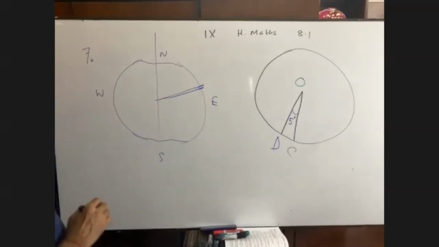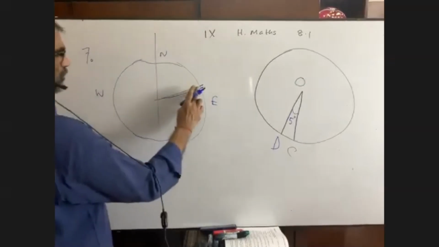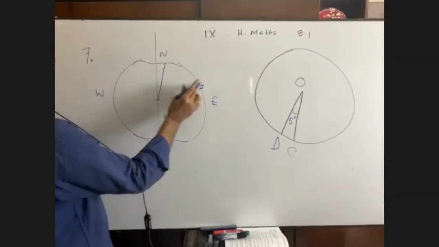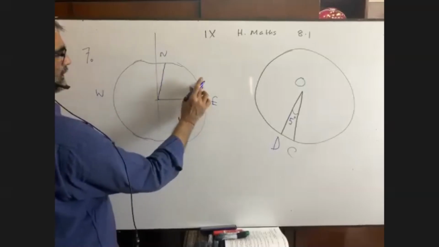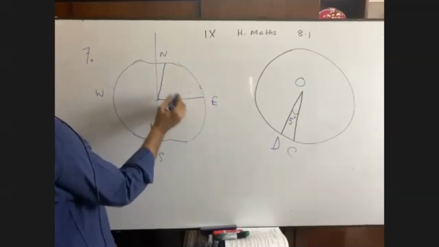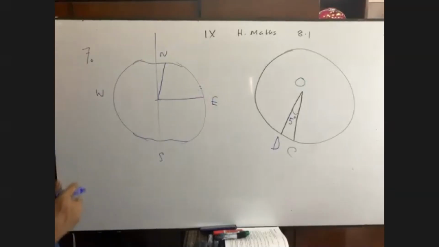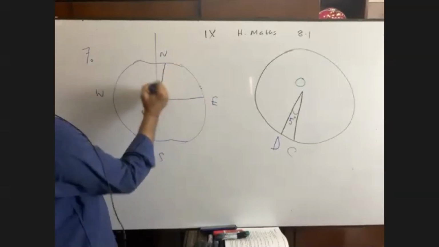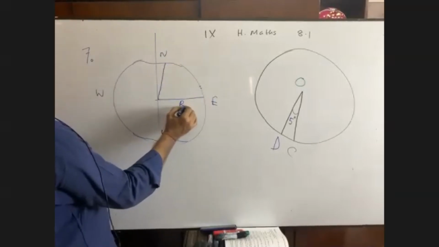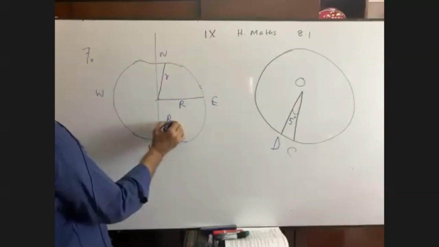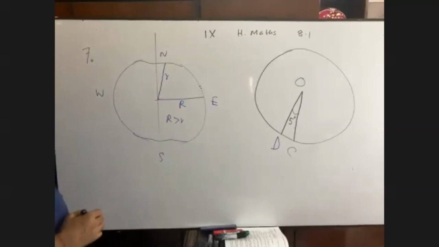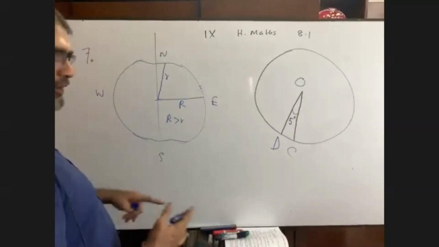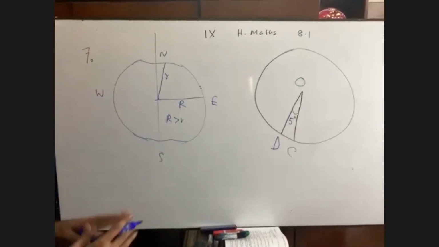But you could ask me: suppose one is here and one is here, then their radii will not be the same. Have you got me? Here R is greater than R. But Dhaka and Chittagong, regarding the Earth, are very near.